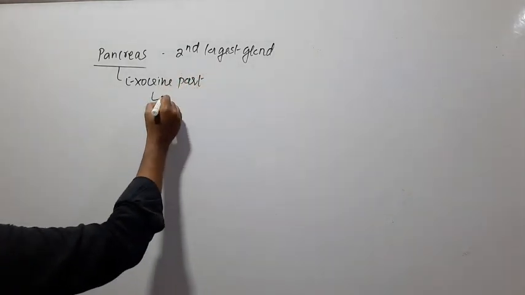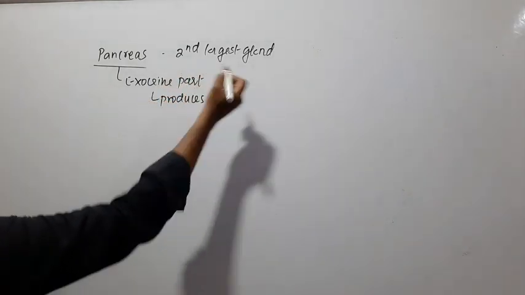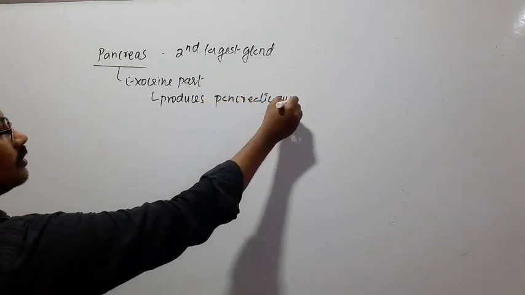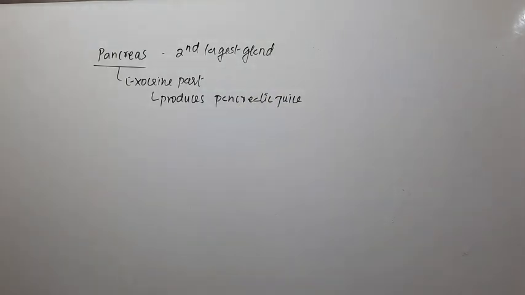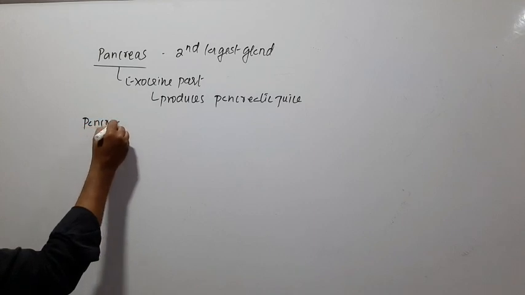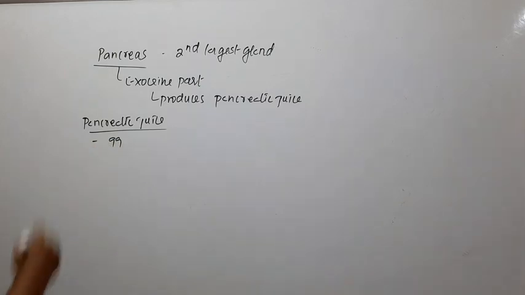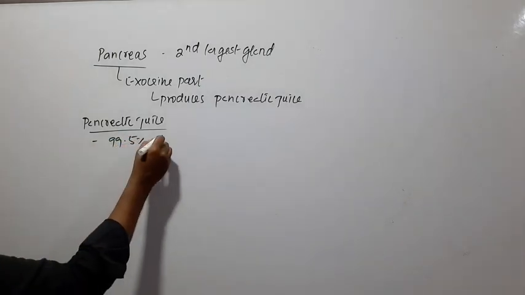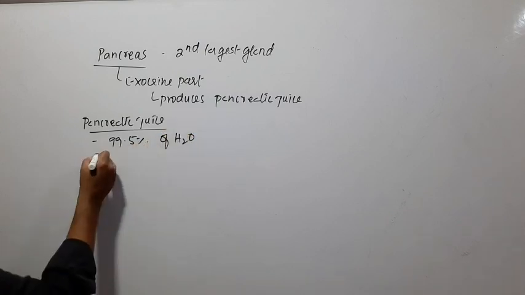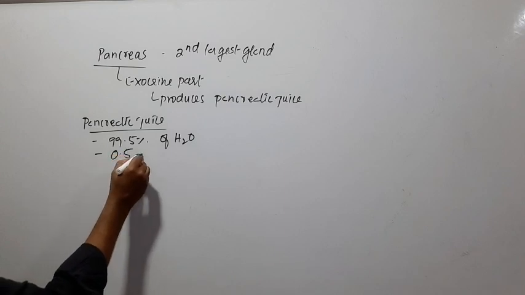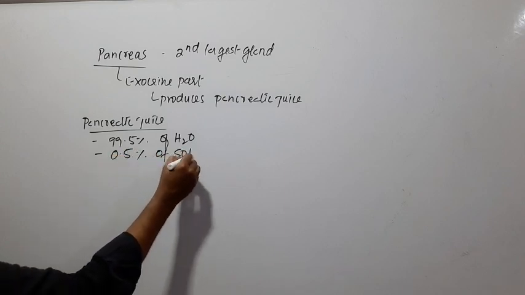The pancreatic juice has 99.5% water and 0.5% solids.